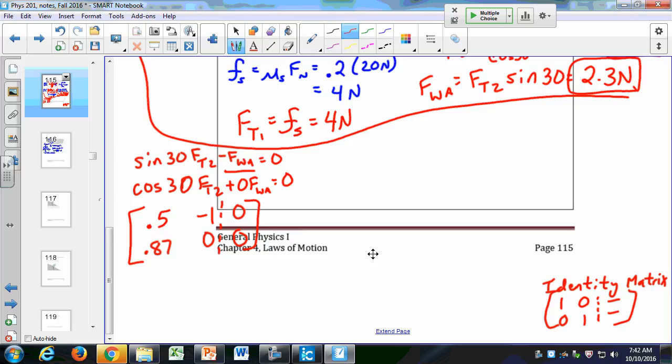Okay? Now there are some rules for how I can take that first matrix and change the values. The rules are I can switch rows, or I can multiply a row by a scalar, by a number, or I can divide a row. I can add two rows and replace a row.